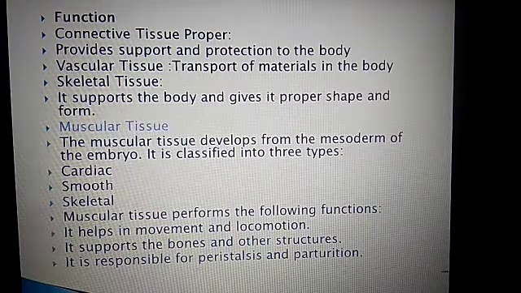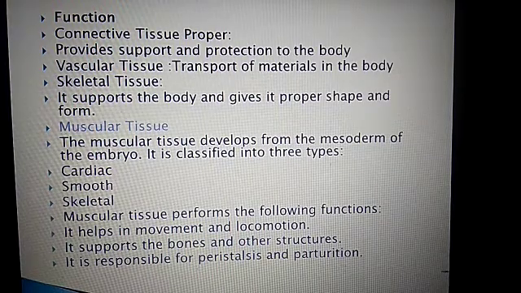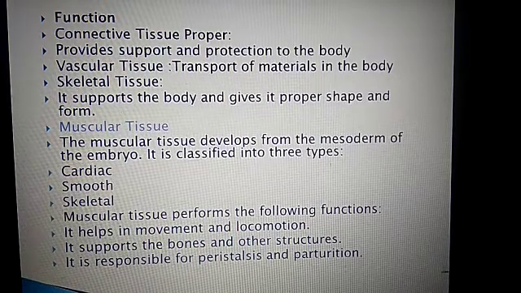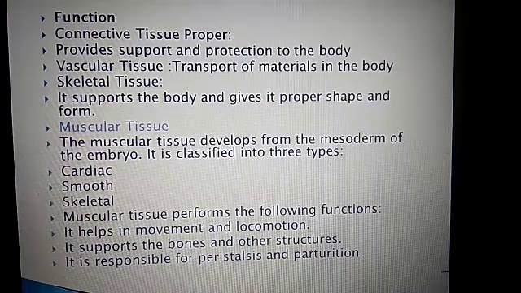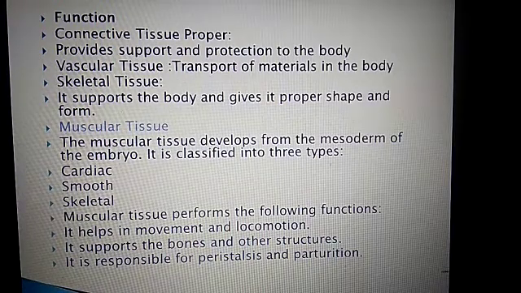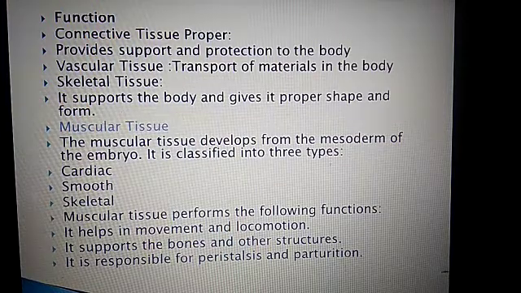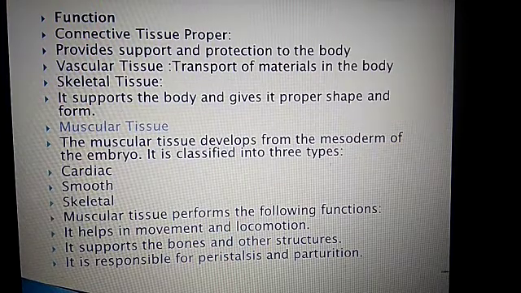Voluntary muscles are named so because their contraction is under our conscious control.